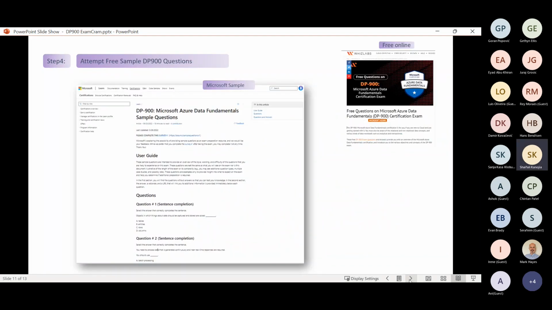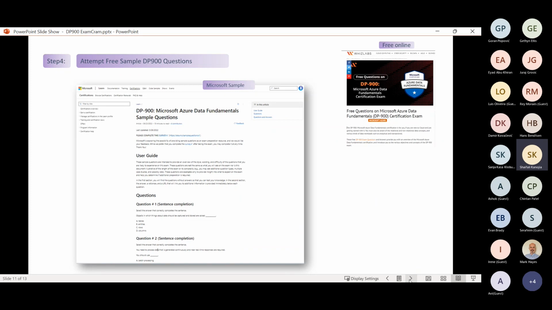Now moving forward, step 4 is quite well known. We should attempt sample questions. If someone has given you a set of questions for DP-900, or if you plan to, you can buy them as well.